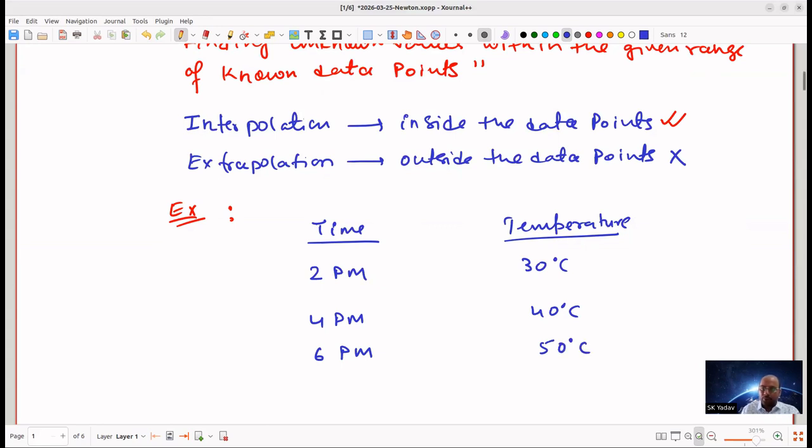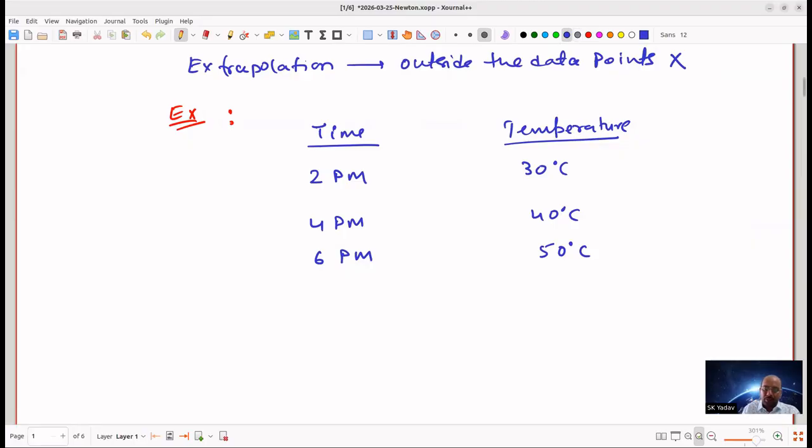And now if you want to estimate the temperature at a mid time, let's say at 3 p.m., this particular problem is a problem of interpolation, because here xm is now at 3 p.m. and you are finding the temperature. So this is exactly the problem of interpolation.